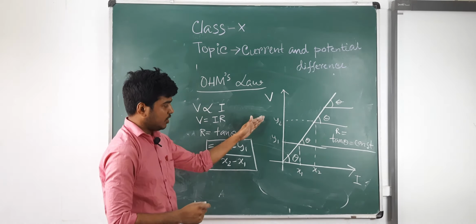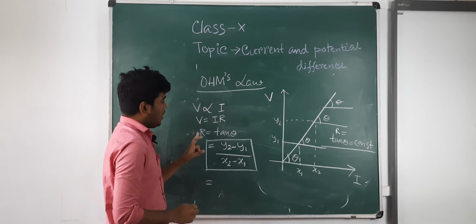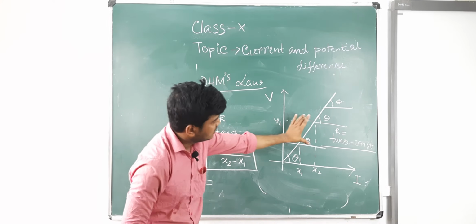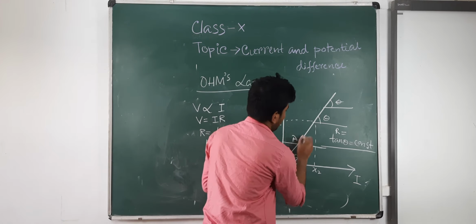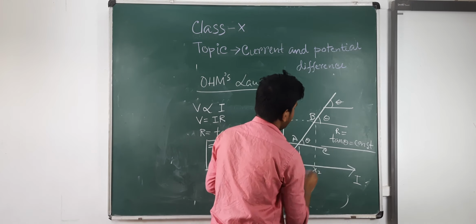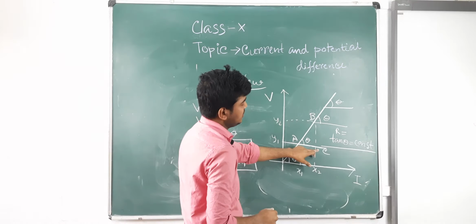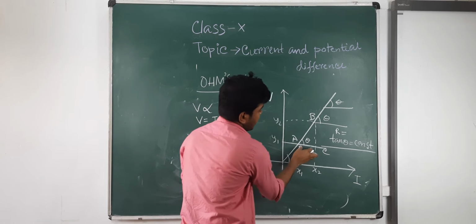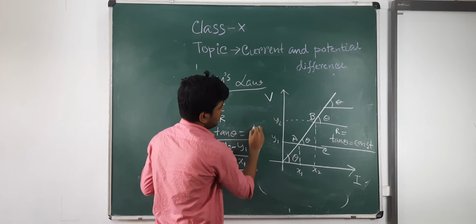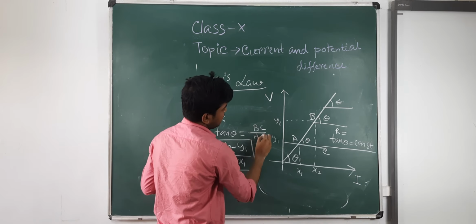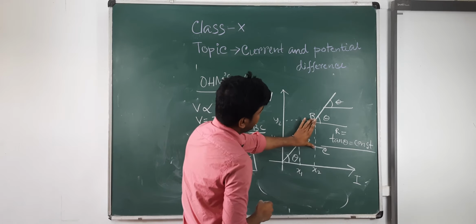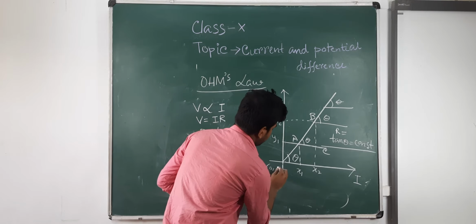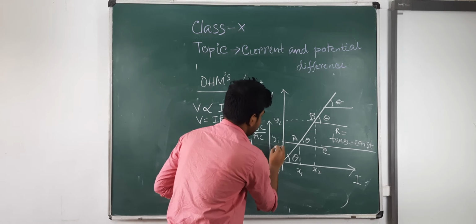So from this graph R equals tan theta, that means y2 minus y1, this length, suppose in triangle ABC. So what will be the value of tan theta? Height by base, that means BC by AC. What will be the length of BC? y2 minus y1. From 0, 0, this length is y2 and this length is y1.